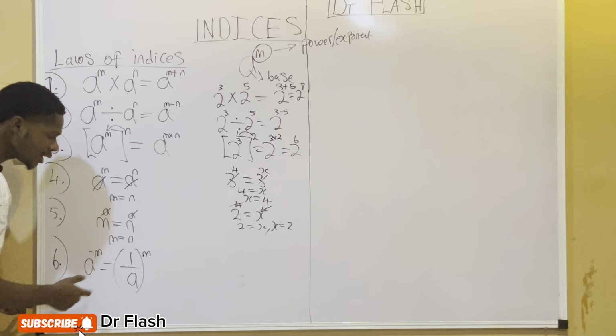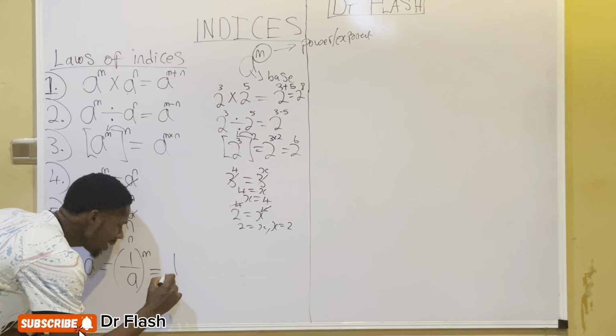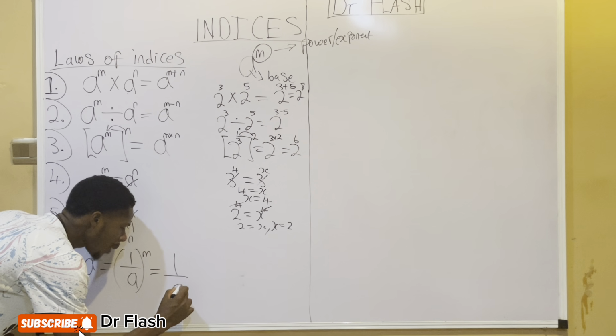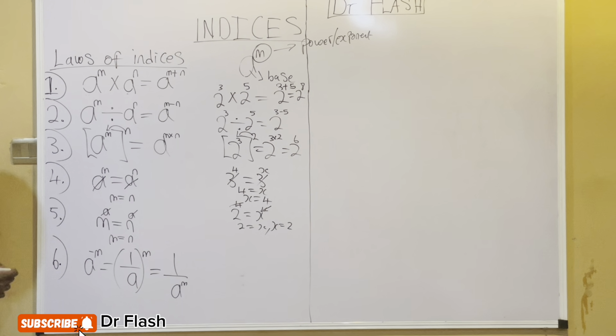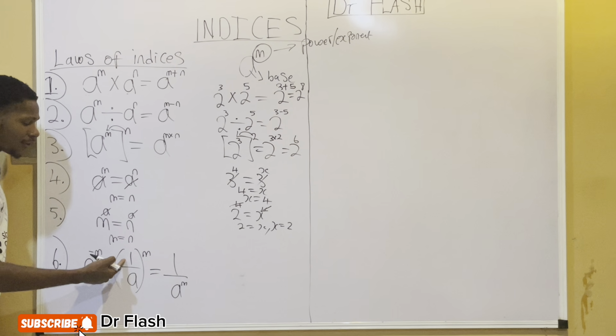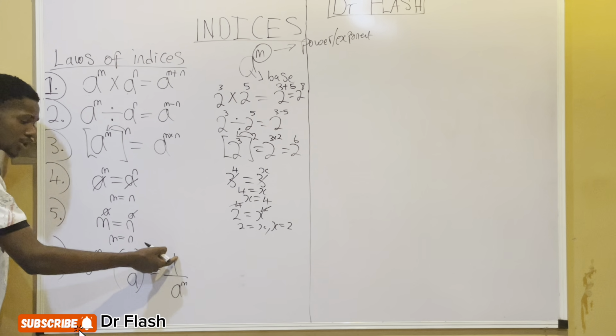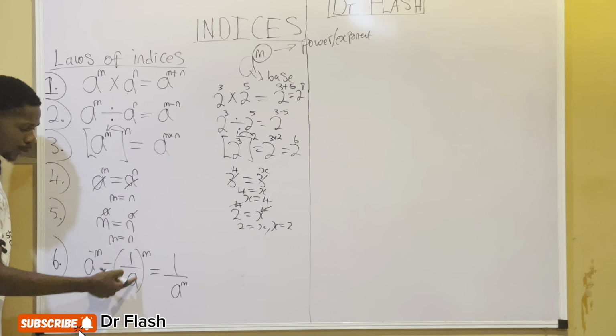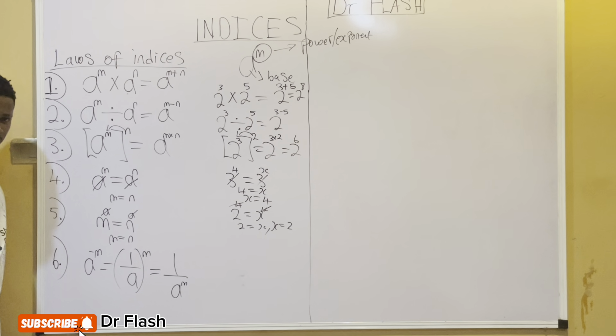Now, sometimes this could be written as 1 over a raised to the power of m. This is simply because 1 raised to the power m is 1. 1 raised to the power of any number is always 1. And then a raised to the power m is a raised to the power m.